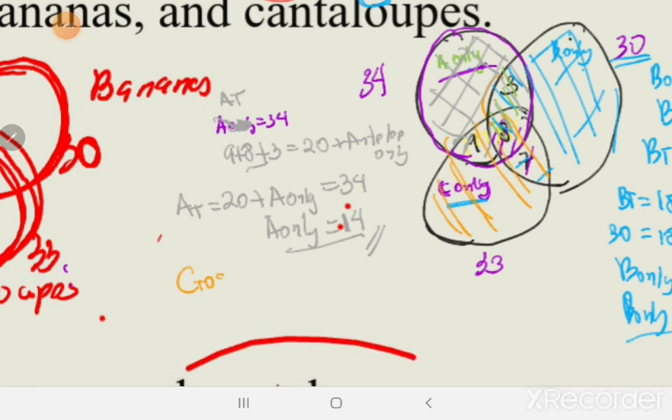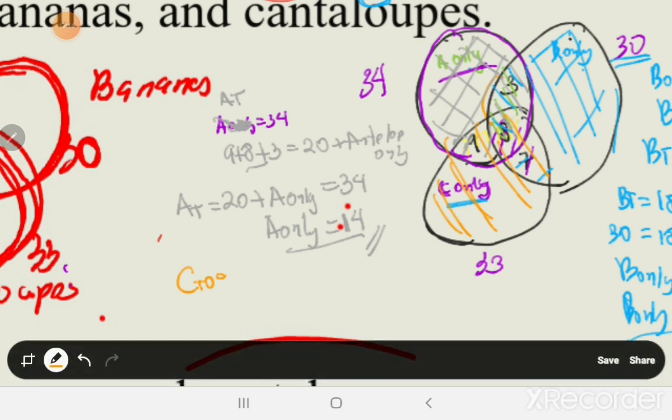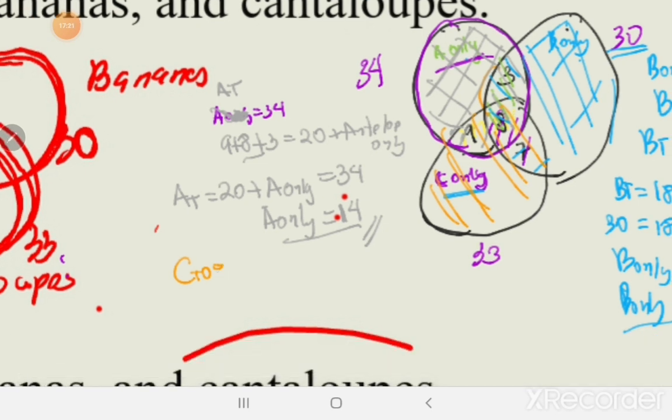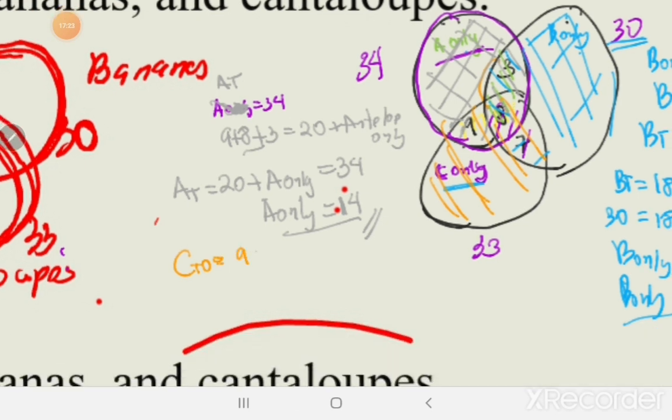C total is equal to the total of all the elements that can be found in the circle, or it is the total of the area of the whole circle, which is equal to our 9 plus 3 plus 7 plus our cantaloupe only. Right? So therefore, I may say that my C total is equal to 33. Okay?